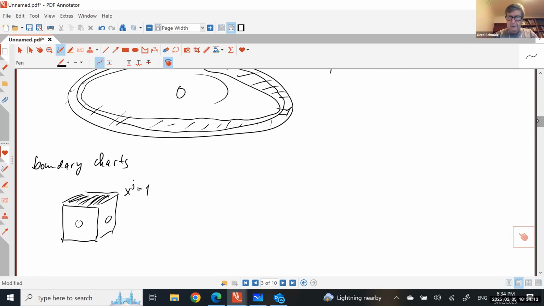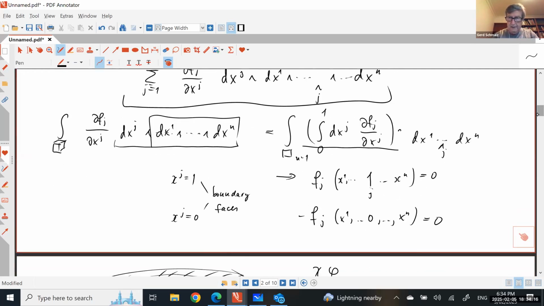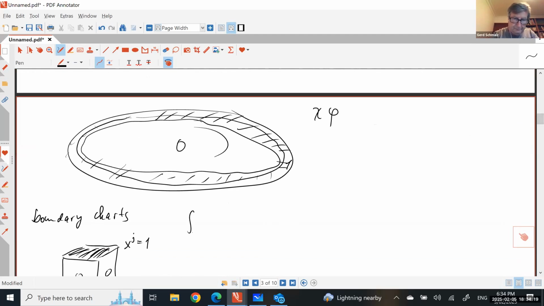So our integral actually becomes the integral of this df_j/dx_j dx_j and so on, dx_1 ... dx_n, here with no j.